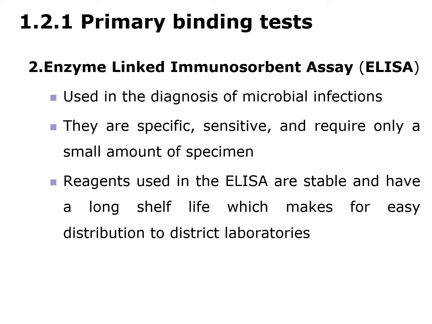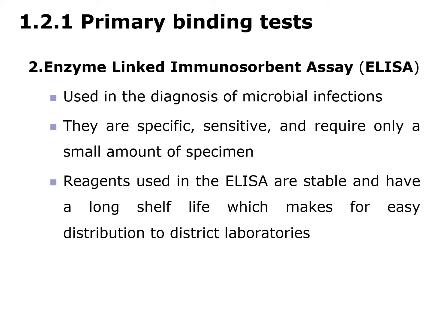Okay, so ELISA. I want you to be very familiar with this procedure because this is a common procedure, enzyme-linked immunosorbent assay. Initially, this was used to screen for HIV infection, but nowadays there are many applications of ELISA, especially for the identification of microbial infection.